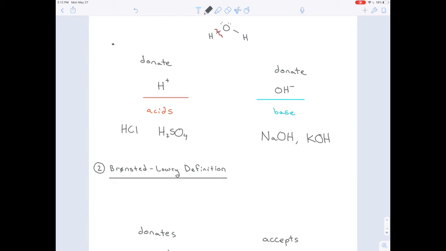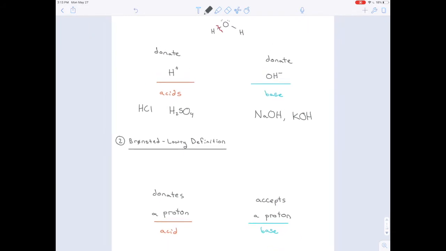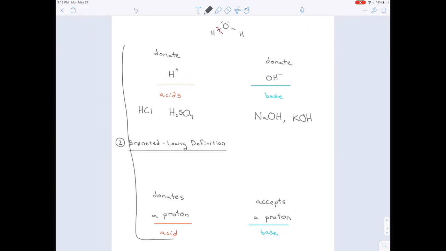So that it's neutral, it'll have one electron flying around it. But take away the electron, so that it becomes H plus, and all hydrogen is a proton. So the Arrhenius and Bronsted-Lowry definitions for an acid are actually the same. H plus is a proton.